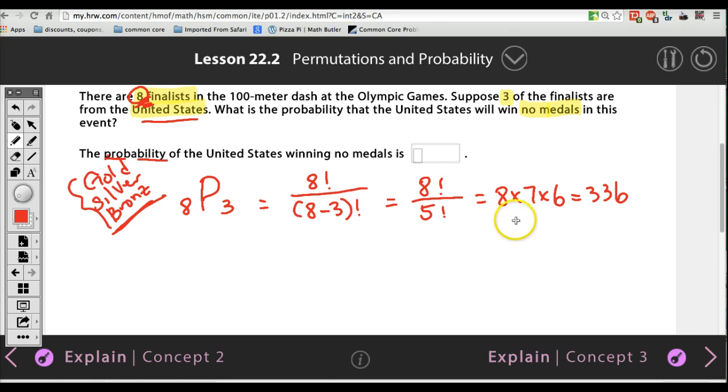Now out of here, this time they're asking us, what is the probability that the United States will win no medals? So now we're going to create a new set. In that set, United States wins no medals at all. There are 3 people from United States. But out of United States, how many people are going to be able to win the medal? Nobody. And so nobody is 0.